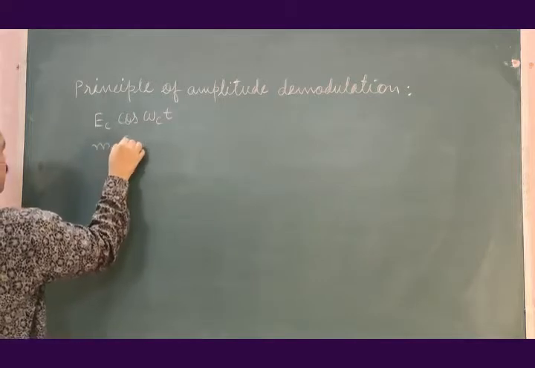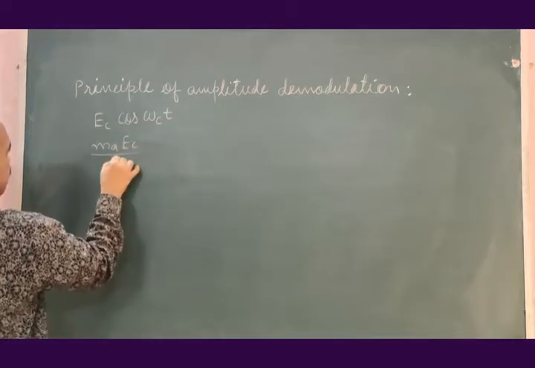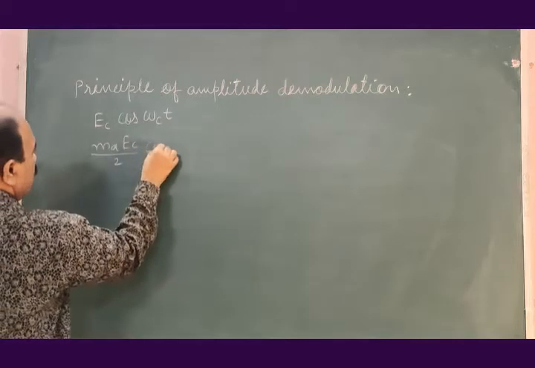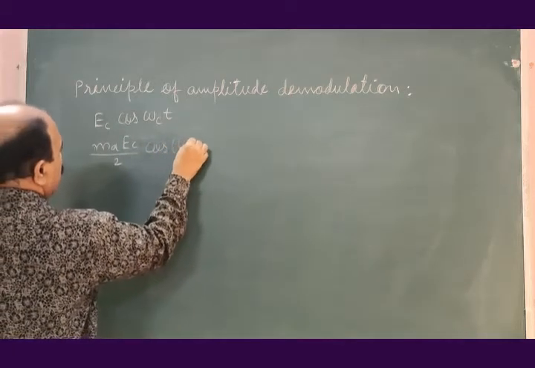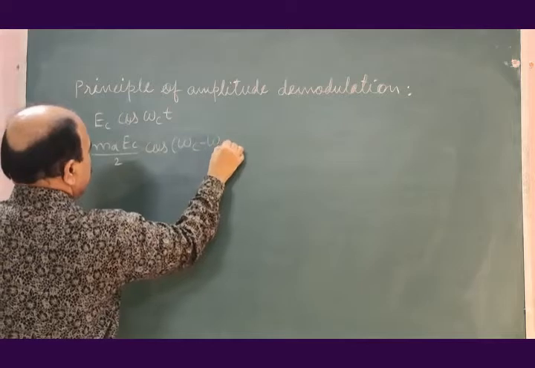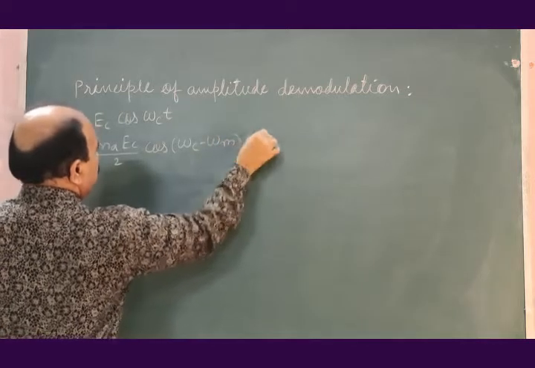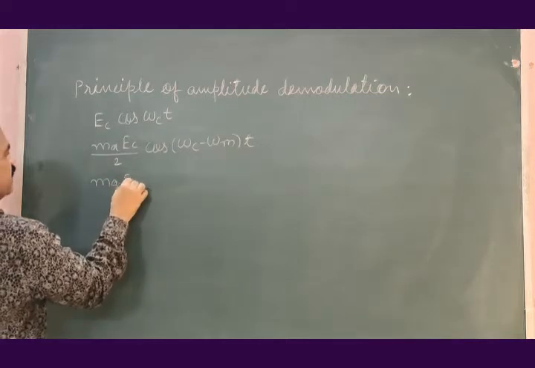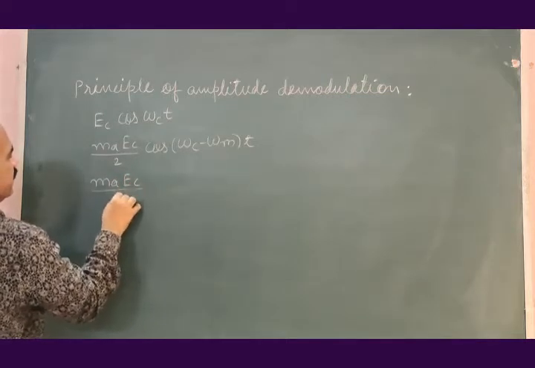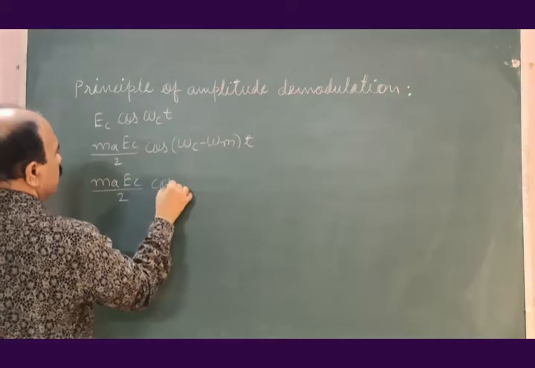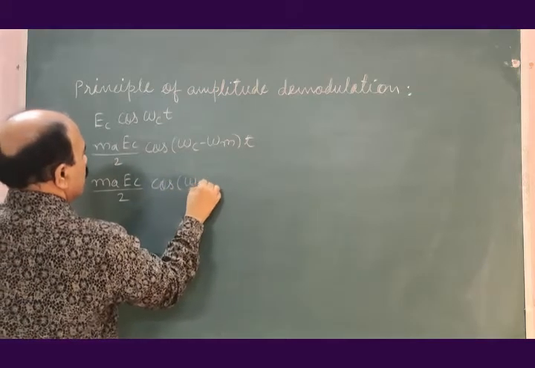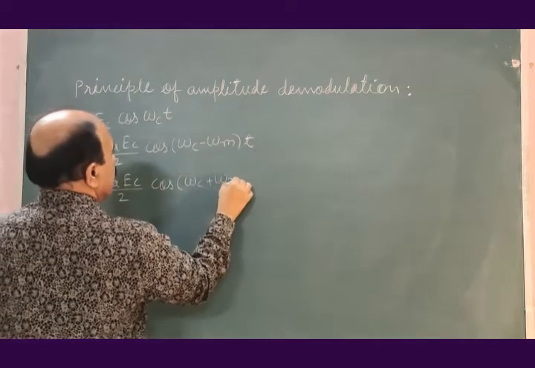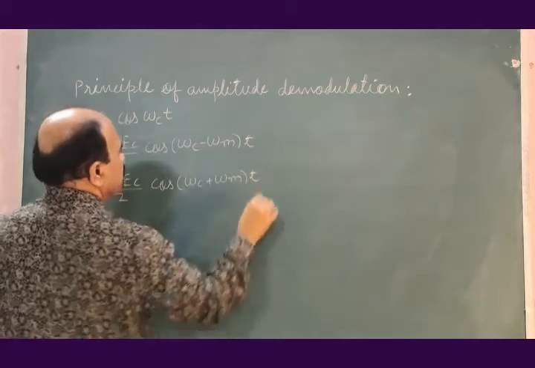Other term is m a Ec divided by 2 cos of omega c minus omega m into t, the lower sideband frequency term. The third frequency term is m a Ec divided by 2 cos of omega c plus omega m into t.